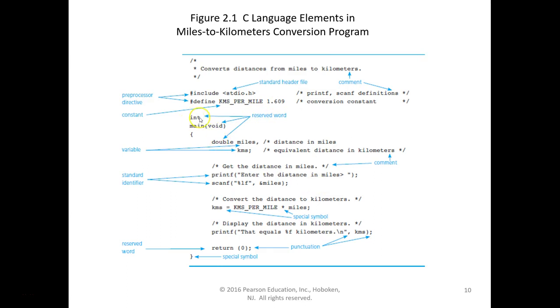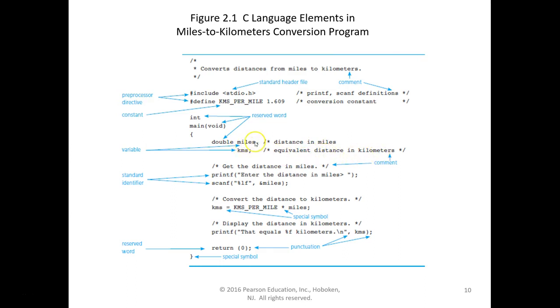This is int, this is double, or you can call it float. And then those are variables here. You can write this on one line, or you can write it in two lines, it's fine. So it's just saying distance in mile, and this is equivalent distance in kilometer.